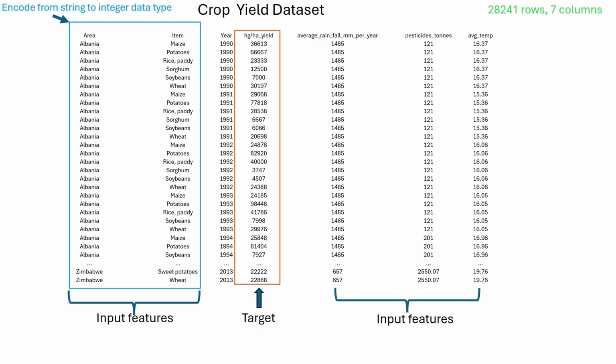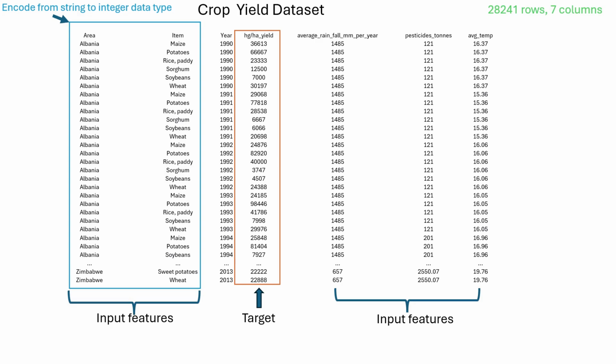Before training the machine learning model, we have to prepare the data properly. For example, some columns such as item and area were originally stored as text strings. Machine learning models require numerical inputs, so we encoded these categorical variables into numerical values.